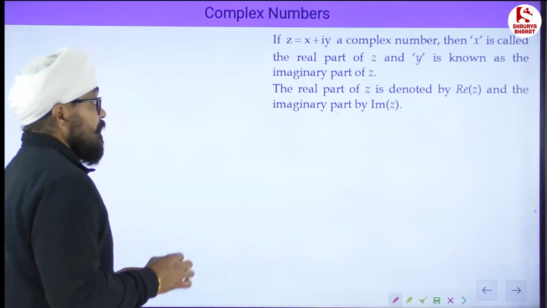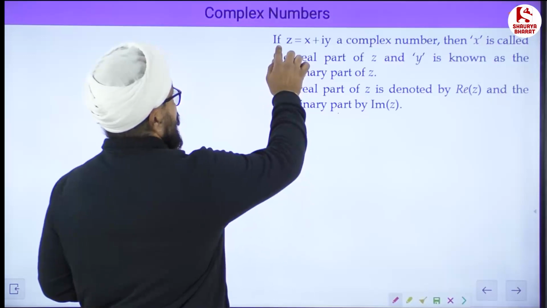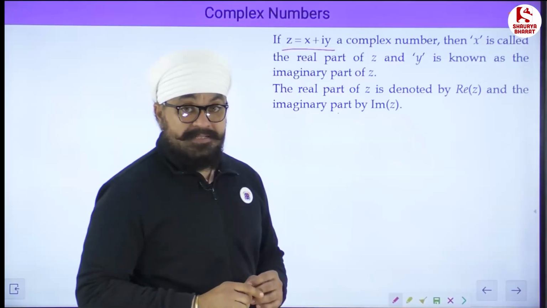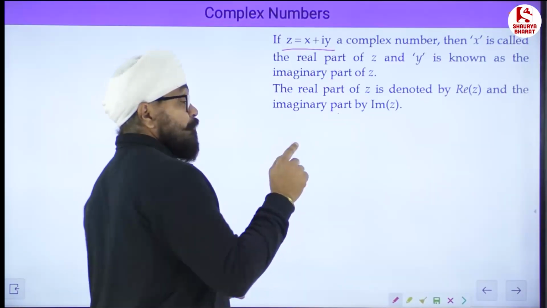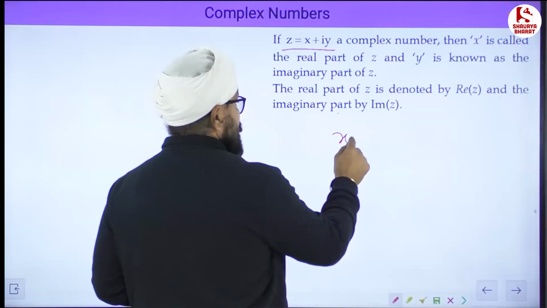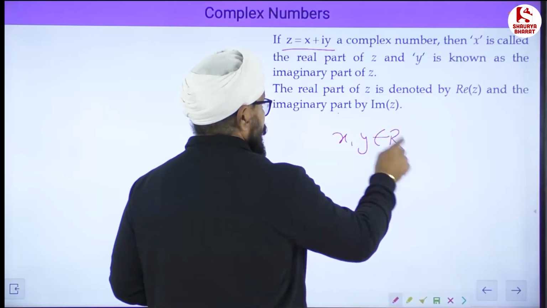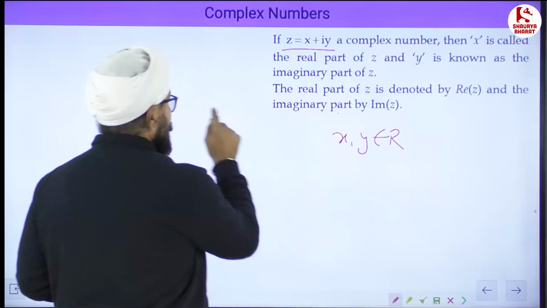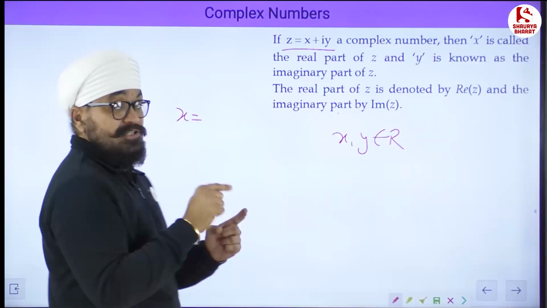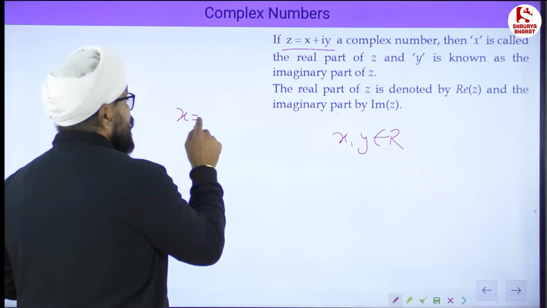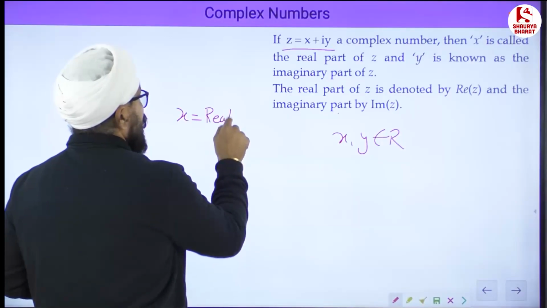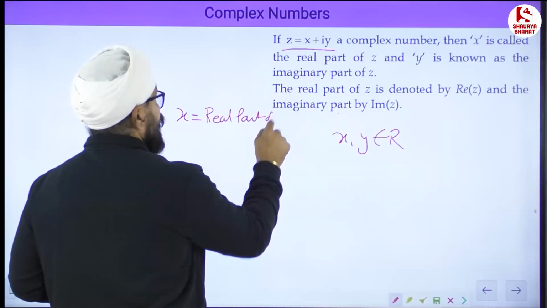If a complex number z is written as x plus iota y, where x and y both belong to the real numbers, then, as x does not have iota, x will be known as the real part of z.